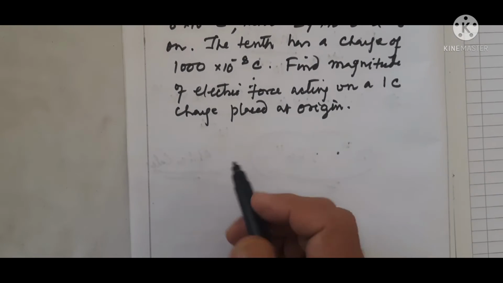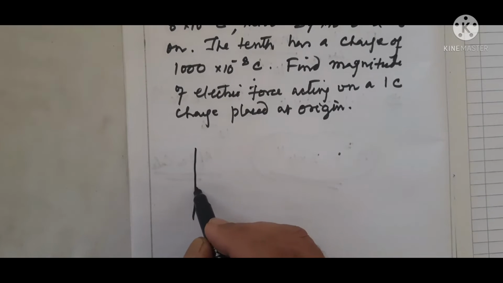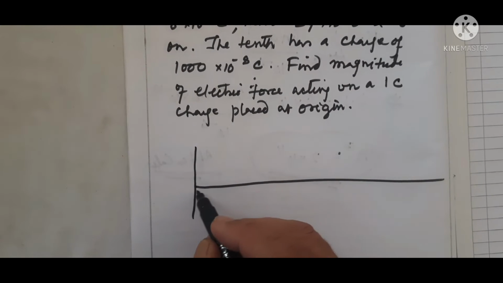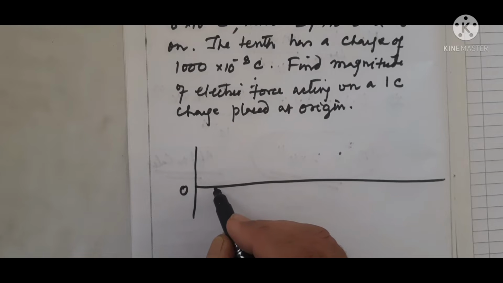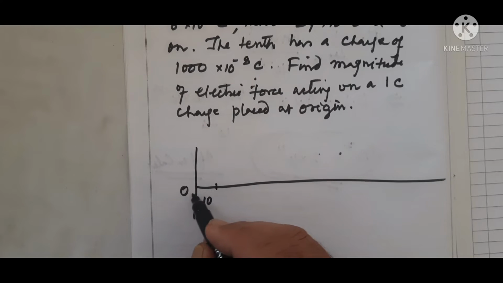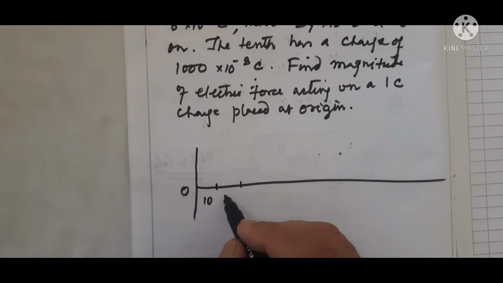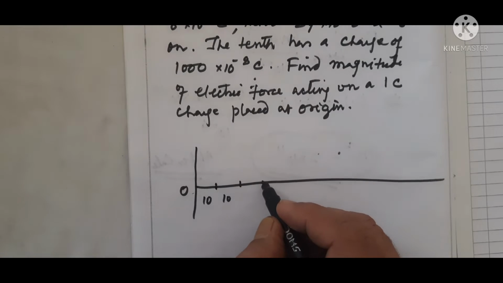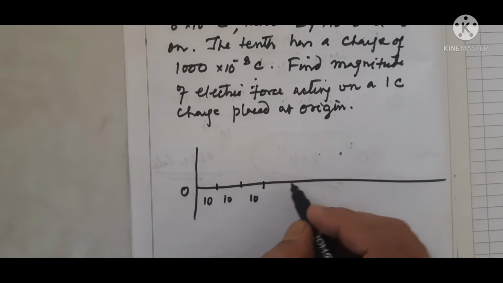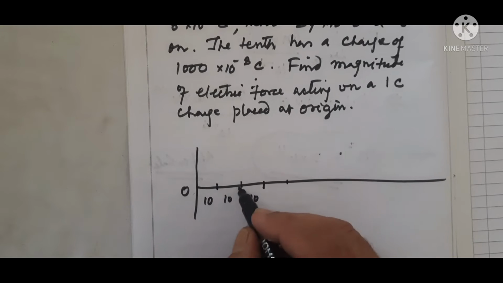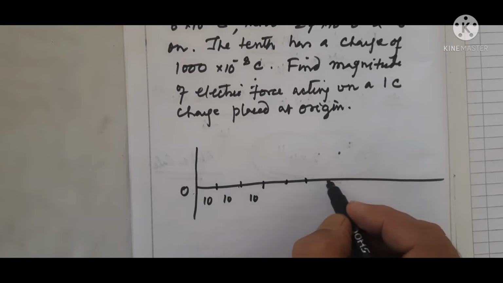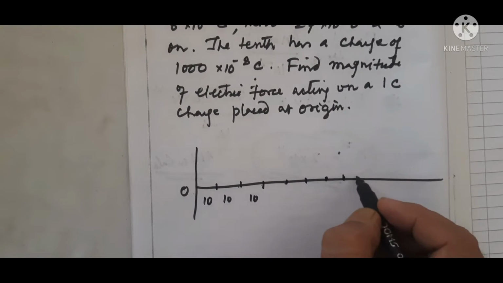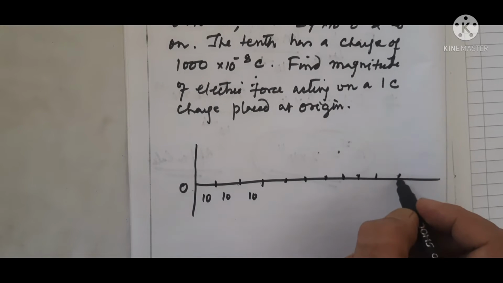The situation is like this. Here is the origin, here at 10 centimeter is one particle, again 10 centimeter, so total 20, another particle, again 10, another particle, and so on: 1, 2, 3, 4, 5, 6, 7, 8, 9, 10.